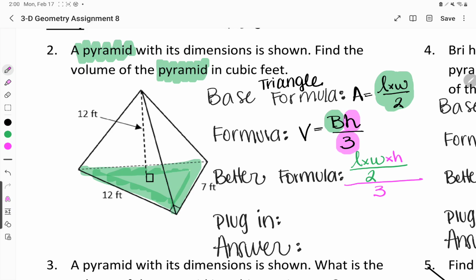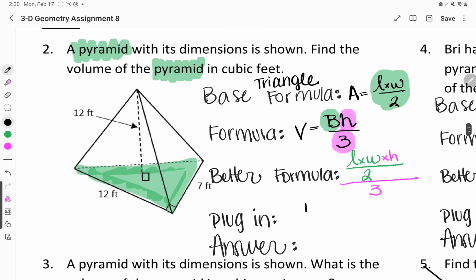We're going to do length times width times height first. Then we'll just divide that by 2. And then we'll just divide that by 3. Okay, so we're going to start with length times width times height. If I look, I've got 12, 12, and 7. So I've got 12 times 7.